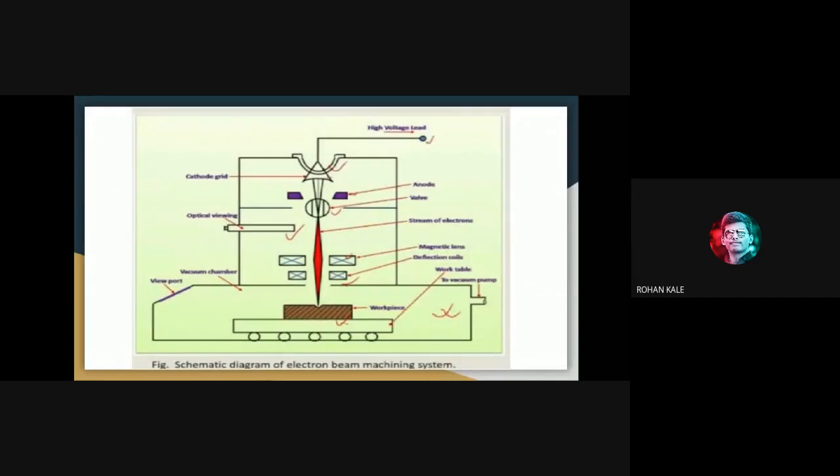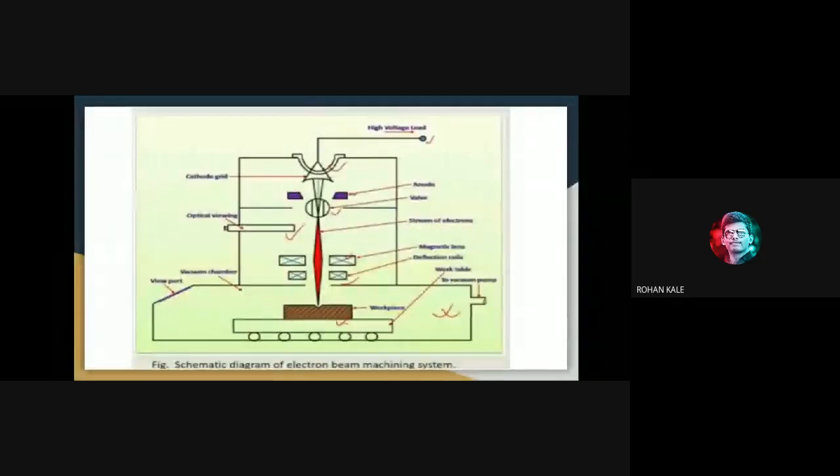The machining chamber for the electron beam machining system should be a vacuum chamber because when the electron beam travels, if air is there in the machining chamber, it will collide with the air molecules. So the electron beam strength will be reduced, and that is why vacuum is generated in your machining chamber.